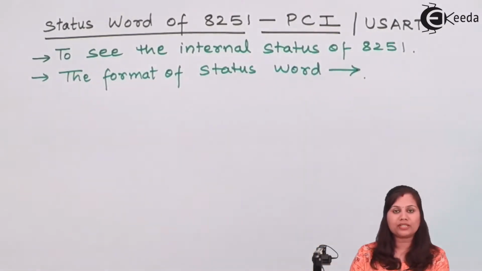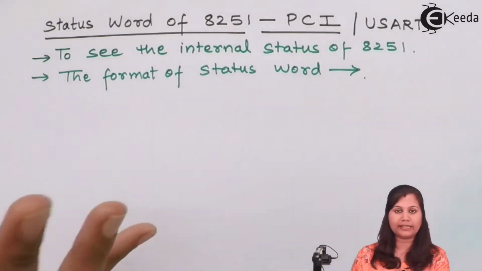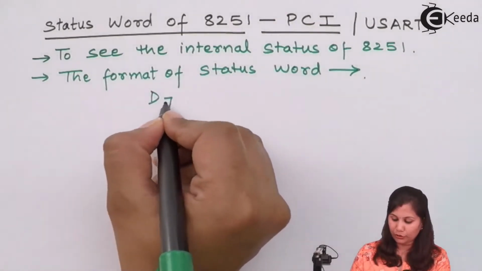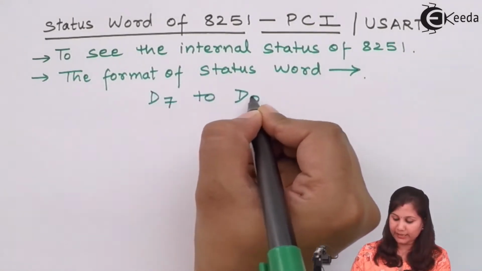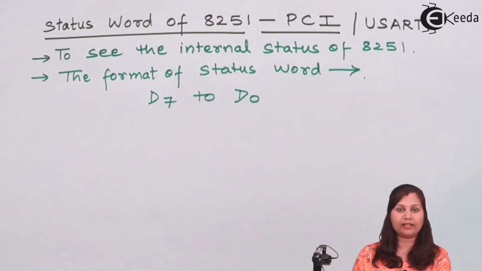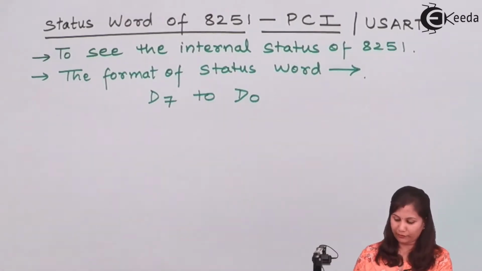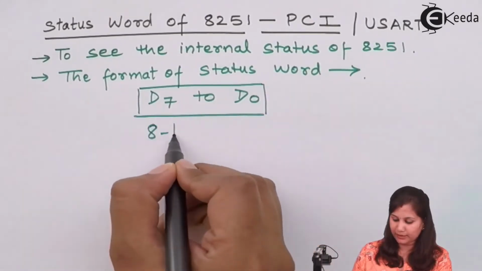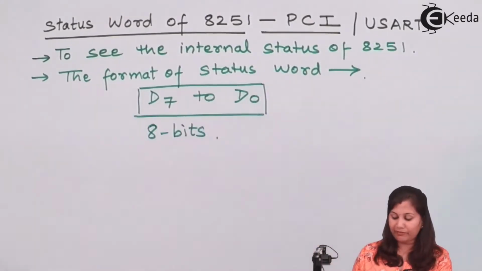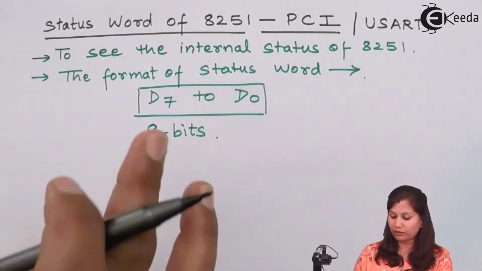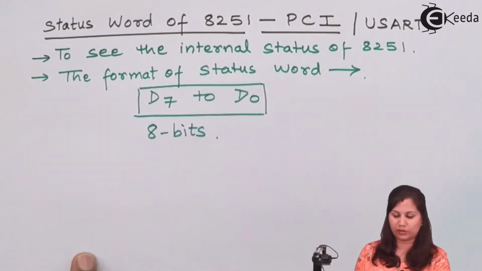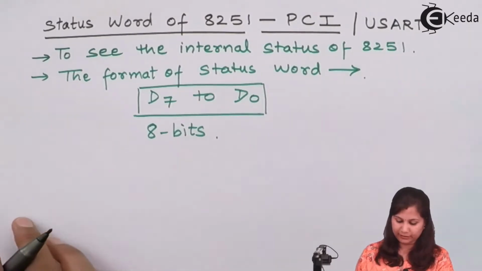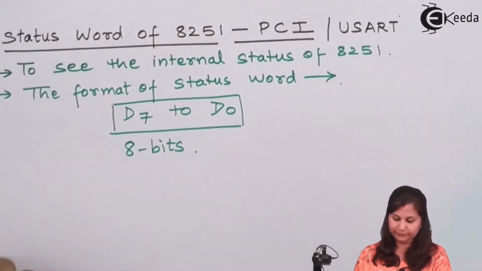The format of the status word is that it has 8 bits from D7 to D0, and all these 8 bits define the status of some flags, some errors or some pins of the 8251. When we define these 8 bits, that is called the format of the status word. So let's see how these 8 bits are defined.